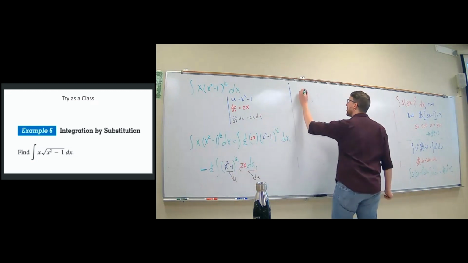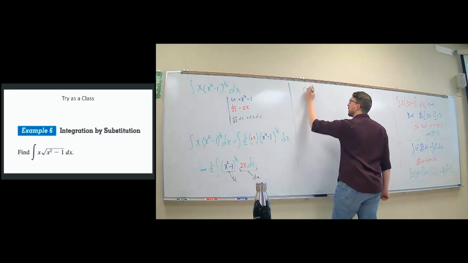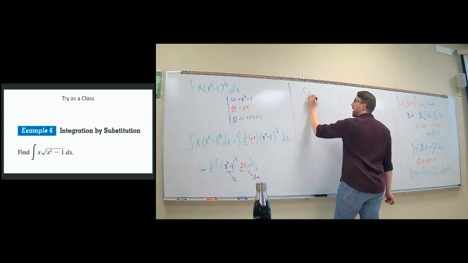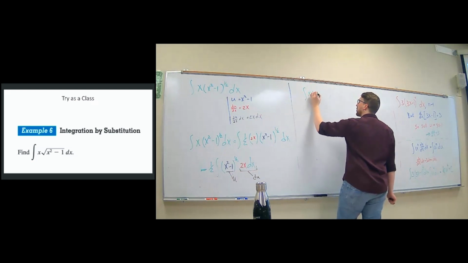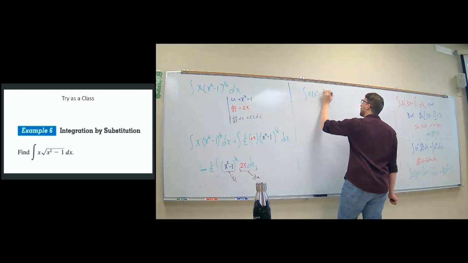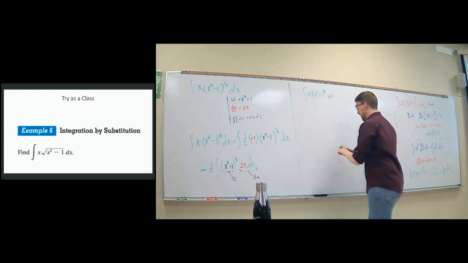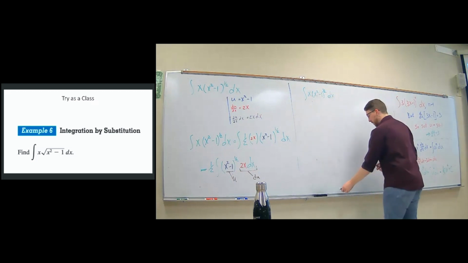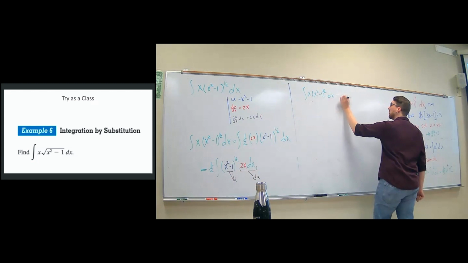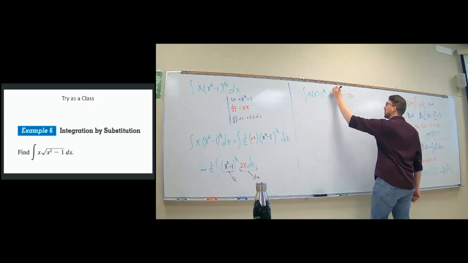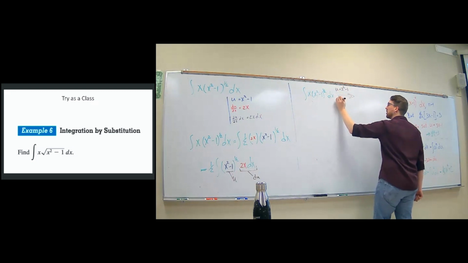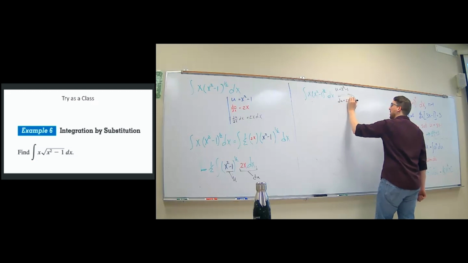I could rewrite the integral of x times the quantity x squared minus 1 raised to the 1/2 dx by substitution. u is equal to x squared minus 1, so du is equal to 2x dx.